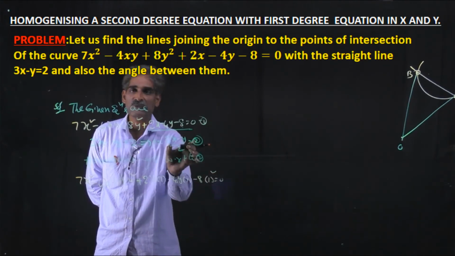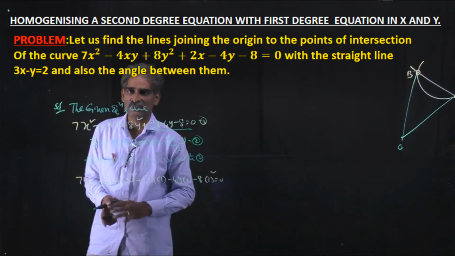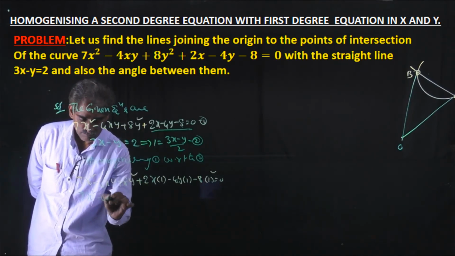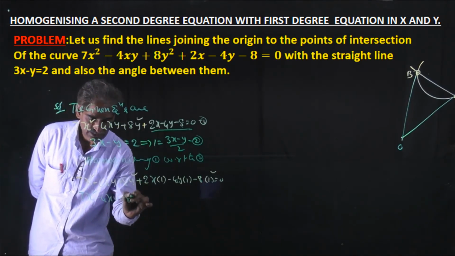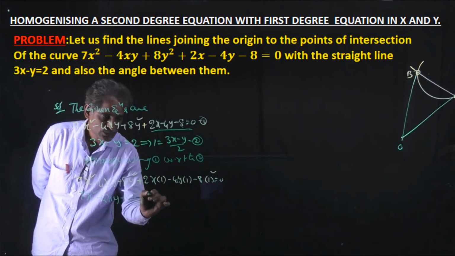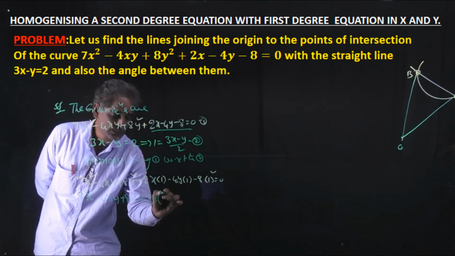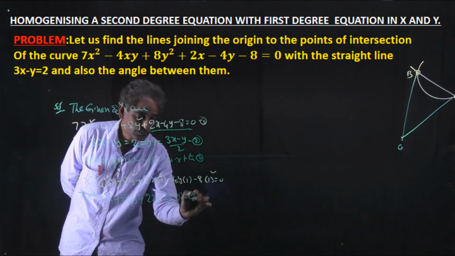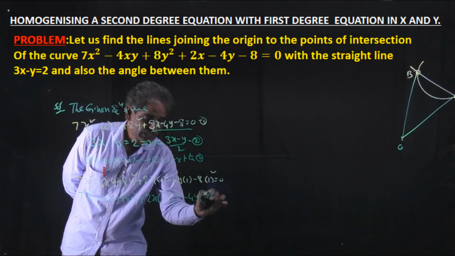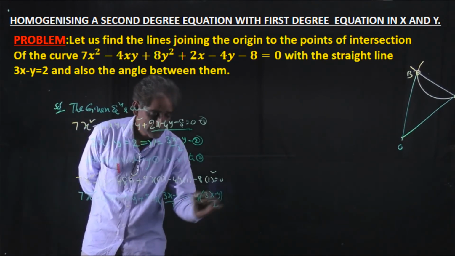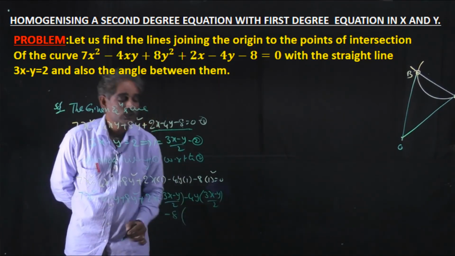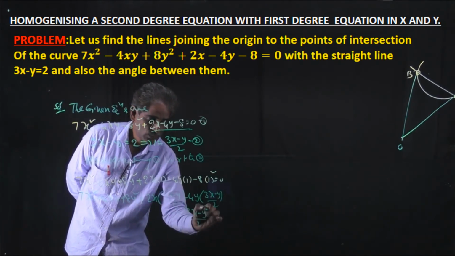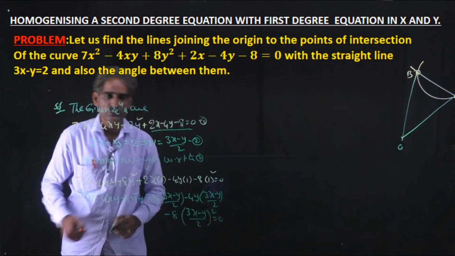Just replace 1 by this value, we will get a homogeneous second degree equation in x and y: 7x square minus 4xy plus 8y square plus 2x into (3x minus y by 2) minus 4y into (3x minus y by 2) minus 8 into (3x minus y by 2) whole square equal to 0.